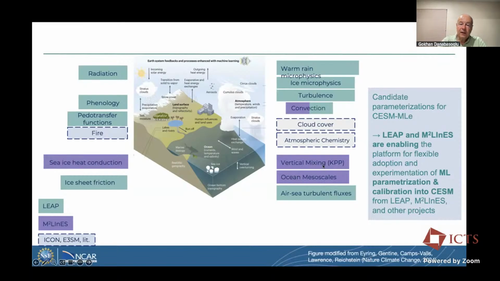As I tried to highlight, they are using machine learning techniques to determine the shape function within the K-profile parameterization. There is ongoing work replacing GM parameterization with its machine learned equivalent. And then I should have included one more thing here, which seems to be missing, is the horizontal viscosities are also being replaced by their machine learning equivalents.